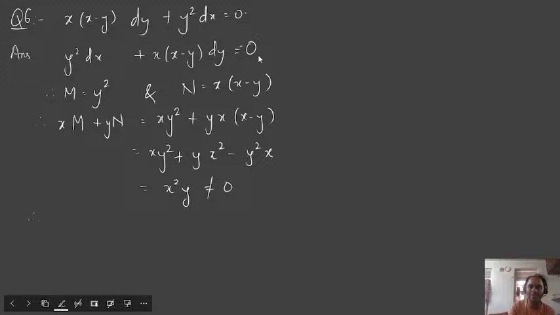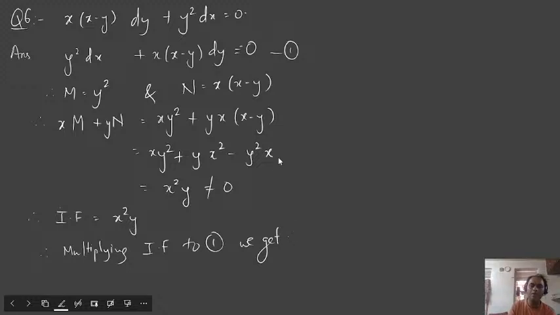Therefore you multiply this to your equation number 1. This is your integrating factor, basically. So the IF is x square y, and multiplying it to equation 1, what do we get?